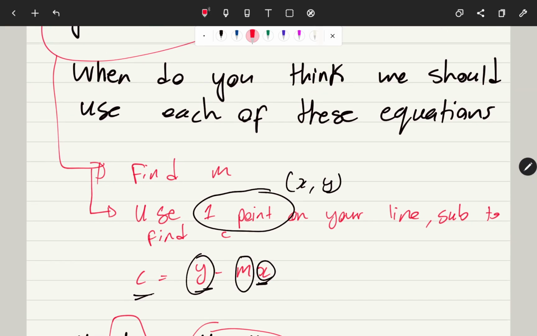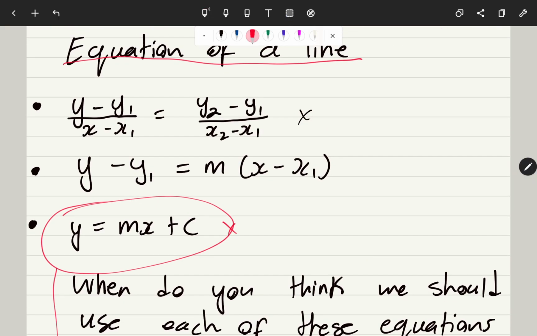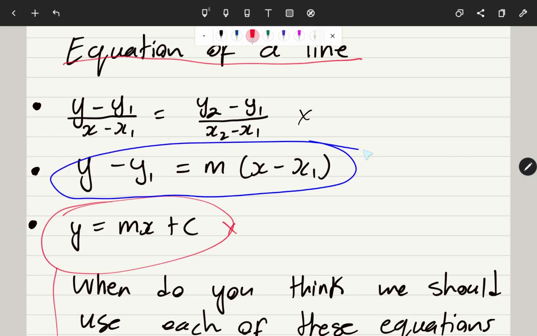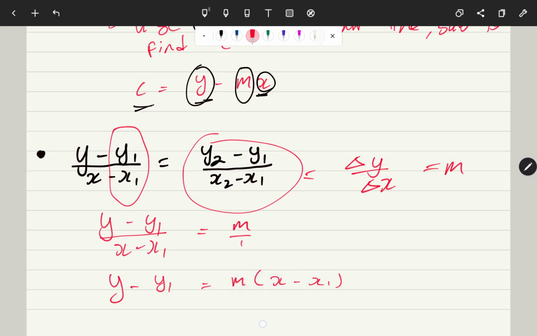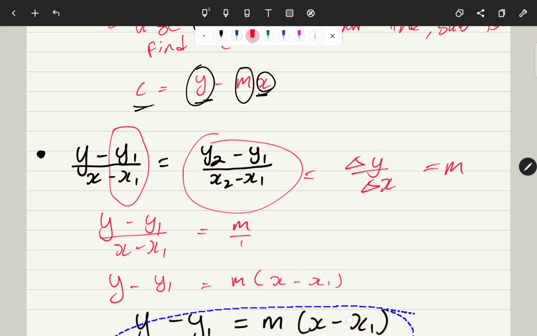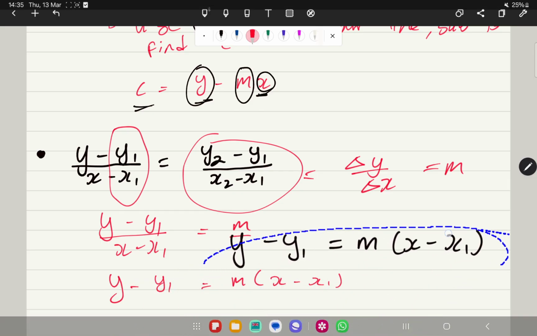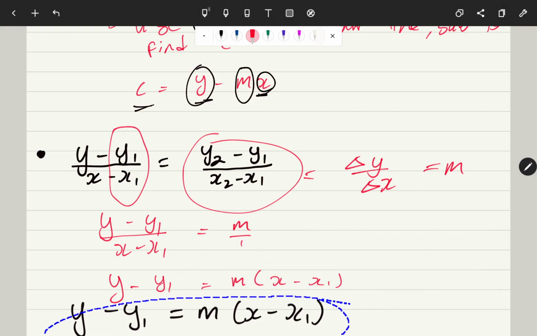Look at that, and this right here is exactly the same. So the first two equations are the same, it's just how you use them.